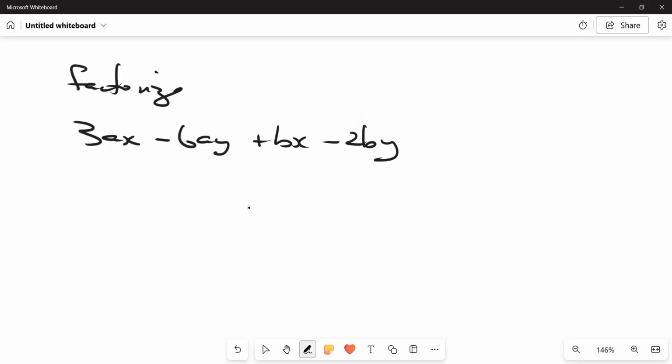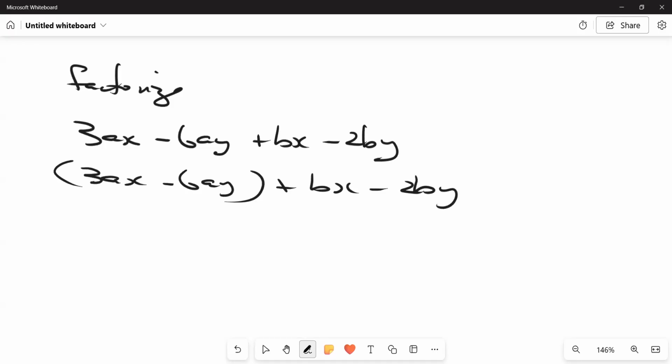So again, you see a here common. Down here you see b here common. So you can choose to go that way. You can pair these, and then you can pair these two, and let's see what happens.